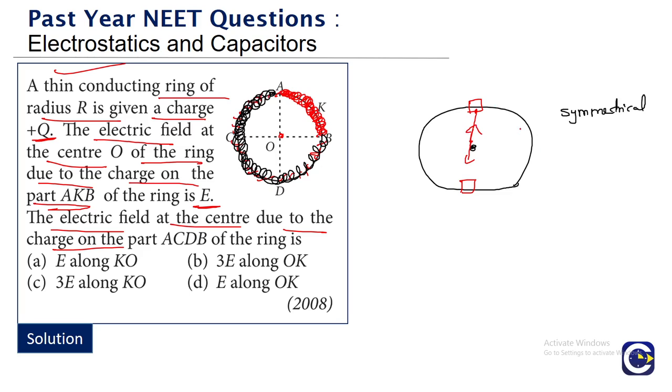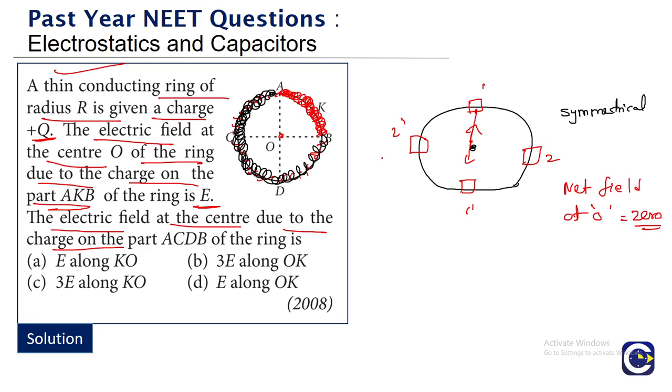So wherever you take, let's say this is element 1, this is element 1 dash. We can take an element 2 here, and there will be a symmetrically opposite 2 dash, because of which the electric field will get cancelled. So at the center of the ring, the net electric field at O will be 0.